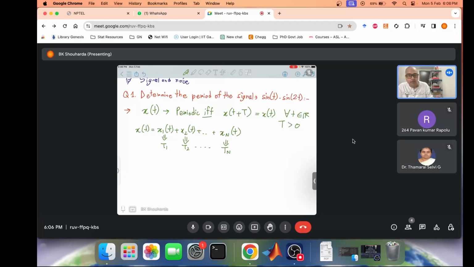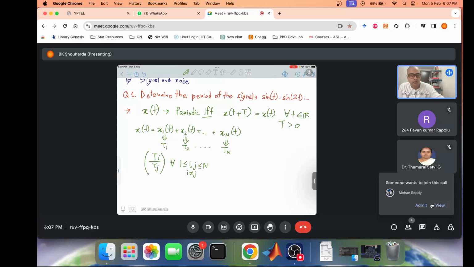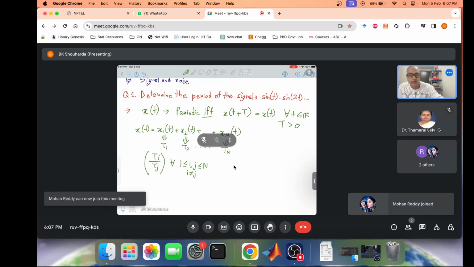When you sum up, let's say, sine signals together, what will be their period? First and foremost, we need to check the ratio Ti upon Tj for all i not equal to j, for all possible values of i and j ranging from 1 to n.